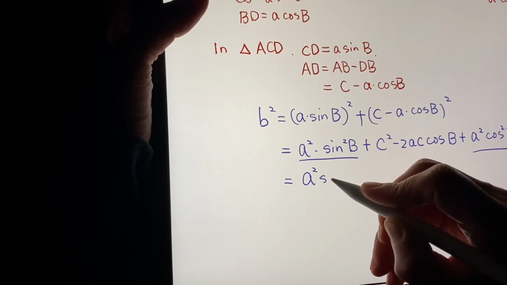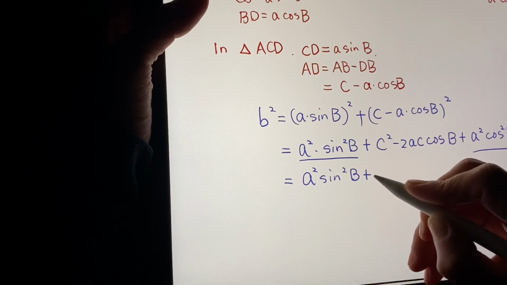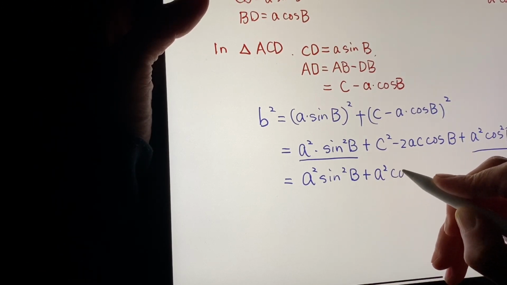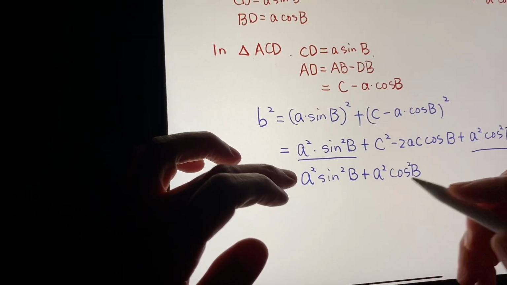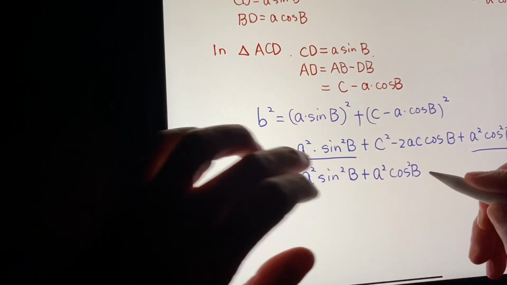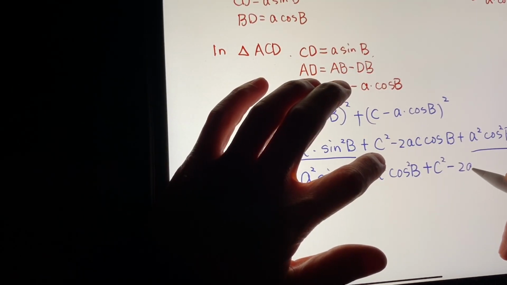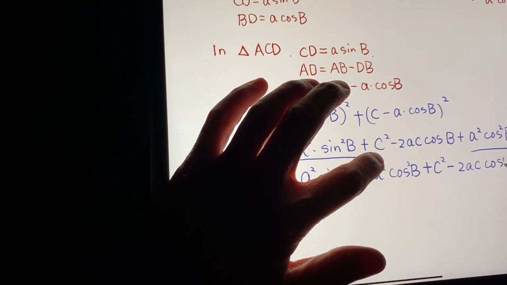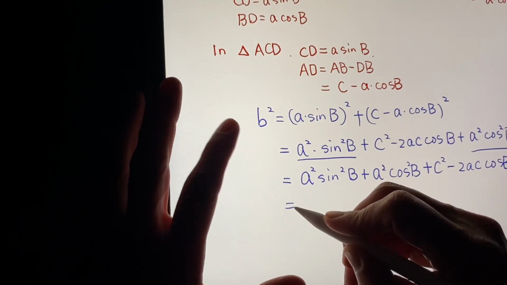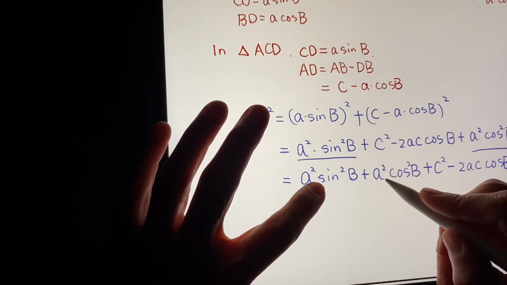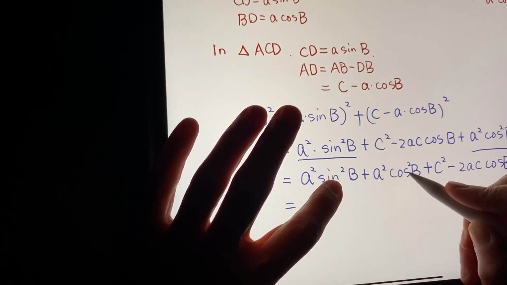Let me move this one here, and the rest I will continue to copy: plus c squared minus 2ac cosine B. I didn't change anything, just moved it. They have the same coefficient. Sine squared B plus cosine squared B makes 1.